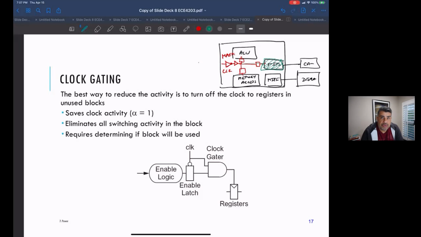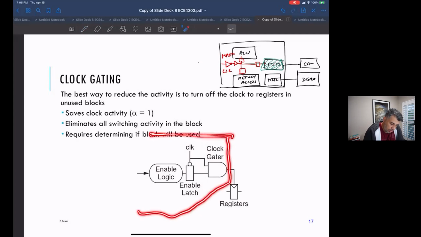It's as if that capacitance isn't connected to anything. In fact, it's not. So you have a clock enable, and the master clock gets ANDed with this enable.